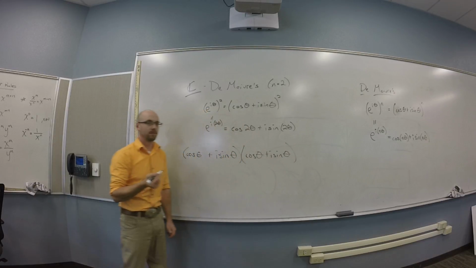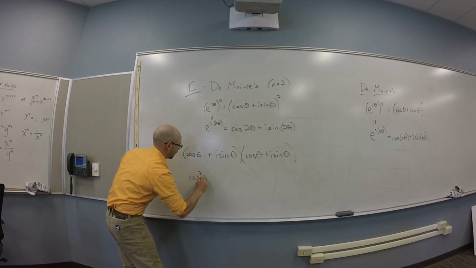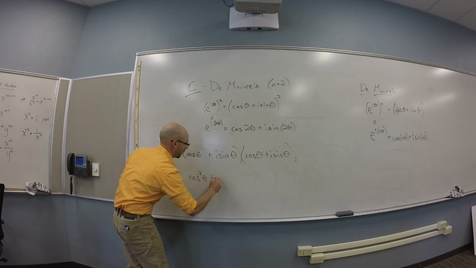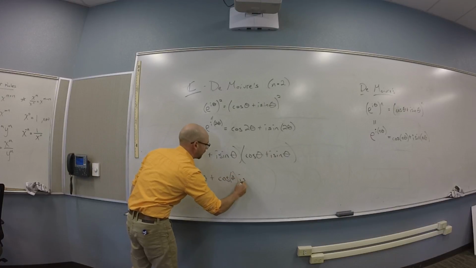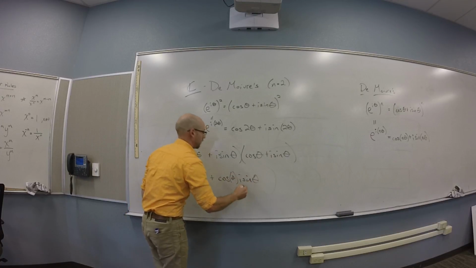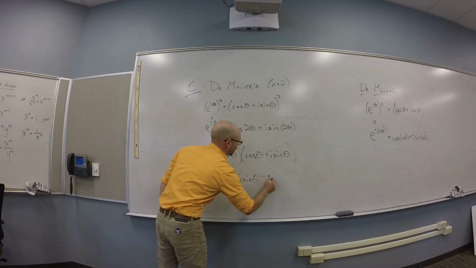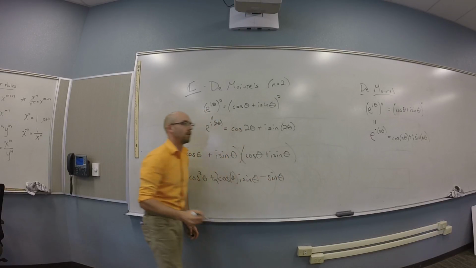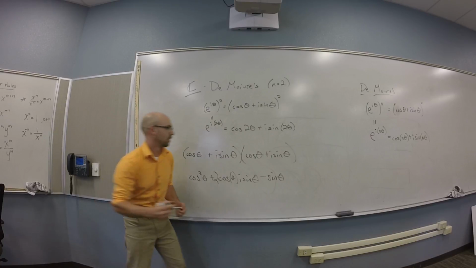And FOIL. You get cosine squared plus cosine theta times i sine theta. And that's multiplied by 2 because it happens again, and then you have negative sine theta. Perfect. You guys all see why I've got negative sine theta squared? Cool.